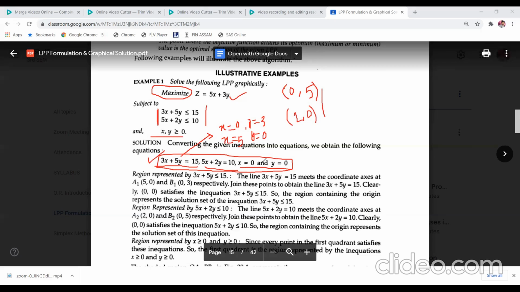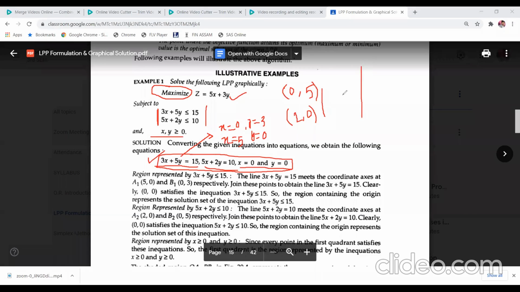And x equal to 0, which line is that? That is your y-axis. And y equal to 0 means your x-axis. That means your solution region will remain where? In the first quadrant.